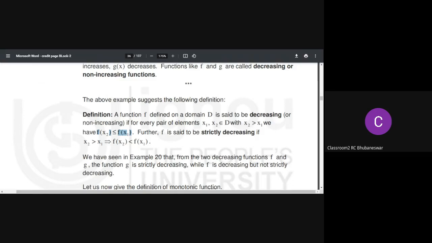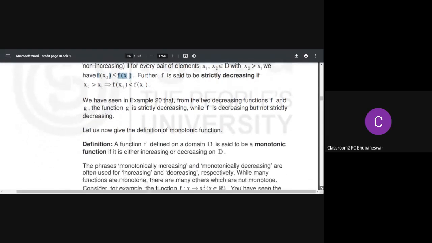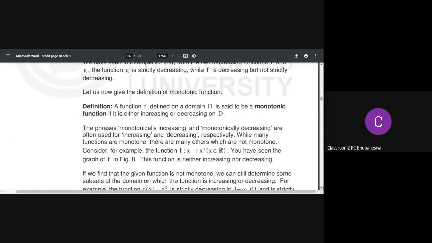That means f of x2 must be less than or equal to f of x1 for every pair of elements taken with x2 greater than x1. Then clearly the function is said to be a decreasing function, or strictly decreasing if the inequality is strictly less than type.